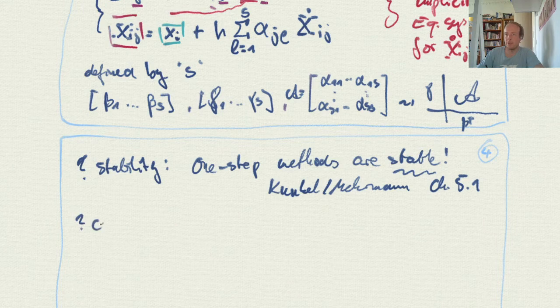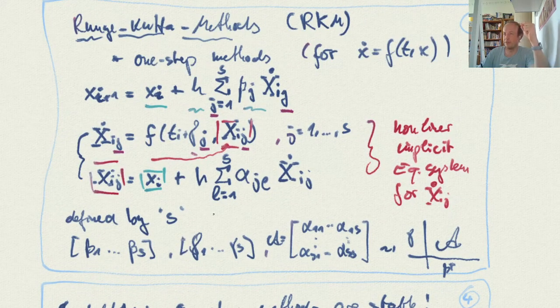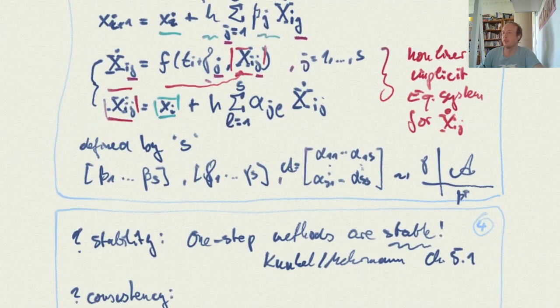The other question is consistency. Since the method is defined by the s and all these parameters, one can already assume that the consistency of such a Runge-Kutta method depends only on how we choose these parameters.